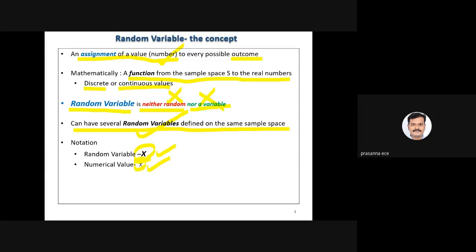So this is the notation that is followed. The notation is a simple thing, but once we are clear about it, it will avoid many problems later. So it is advisable to be clear with the notation. Okay. So the random variable itself is denoted by a capital letter, and the numerical value it takes for a particular outcome is denoted by a small letter.